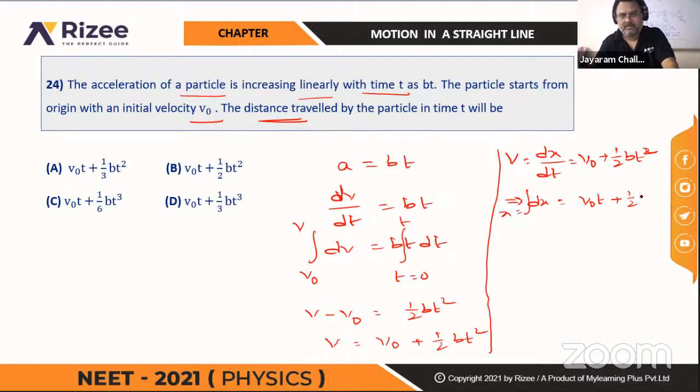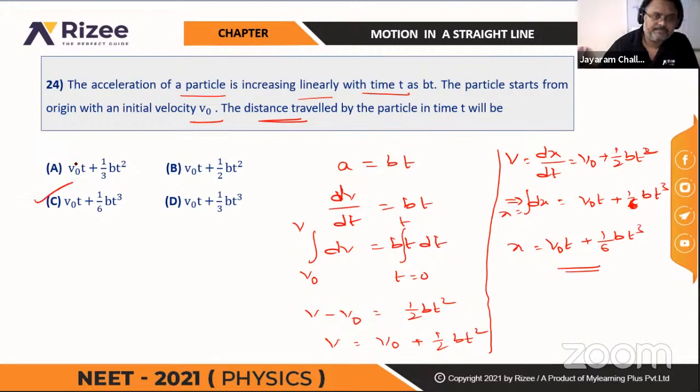I'm directly writing the integral value. This is 1 by 6 into b t cube. So this should be your x value, or x is equal to v naught t plus 1 by 6 into b t cube. So this should be your option.